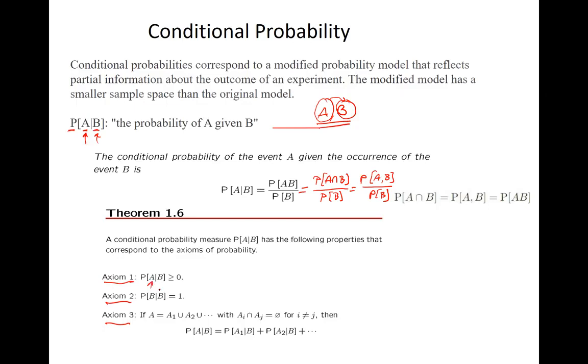Probability of A given B is equal or greater than 0, and probability of B given B is unity. And if I have an event as a union of some events, and if those events are disjoint, then probability of A given B can be written as probability of A1 given B plus probability of A2 given B plus so on.